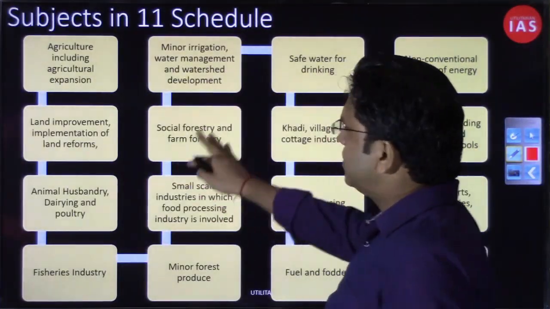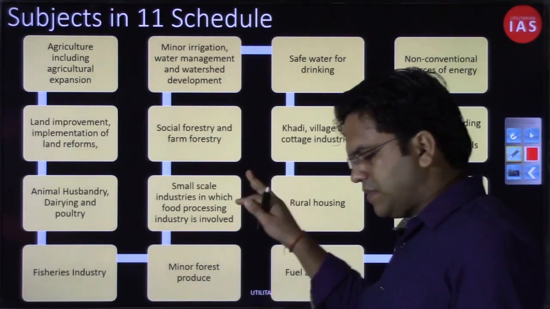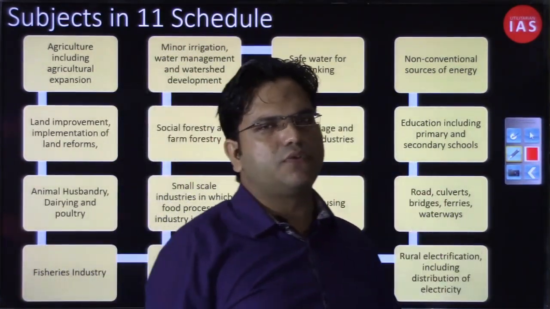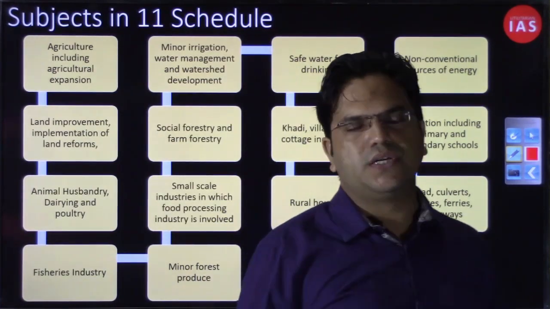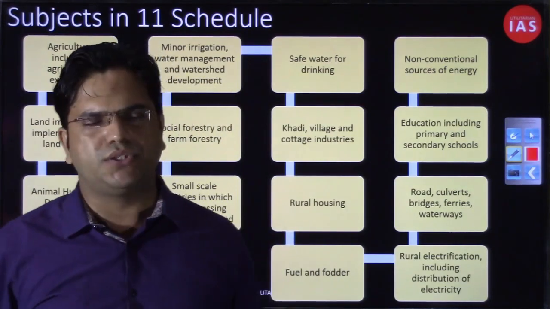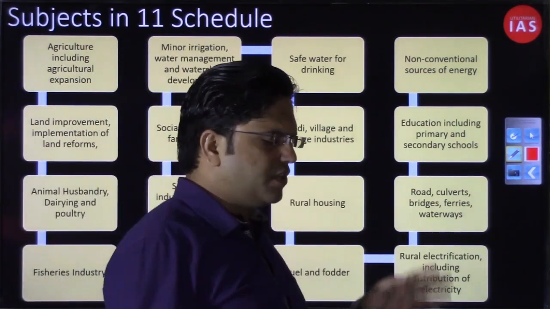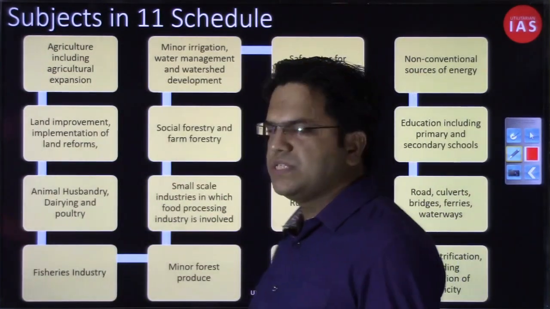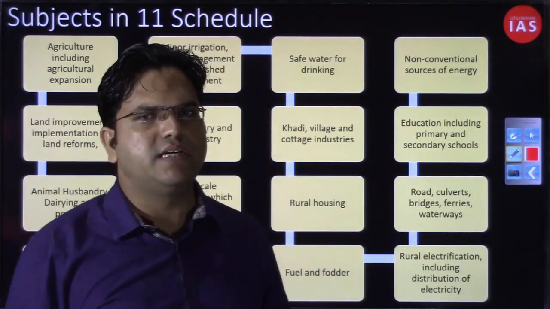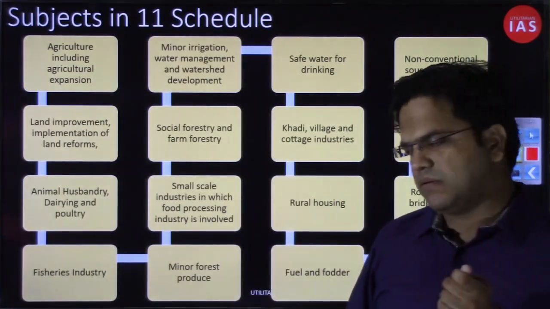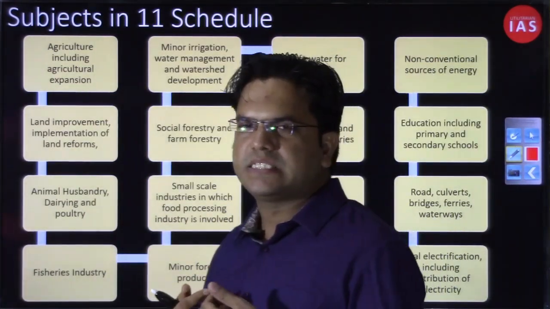Whatever item we discuss that falls under these 29 items in the 11th Schedule, in all those areas it was the state which was performing until 1992, until the arrival of the Panchayati Raj Act, be it social forestry, agriculture, land improvement, safe drinking water, library, or entertainment.